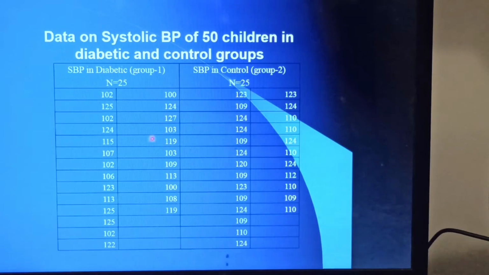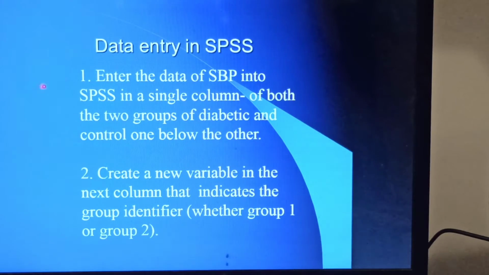We'll be entering this data, group 1 for diabetic and group 2 control. Now data entry in the SPSS matters. So in this I would like to share with you, enter the data of SBP, systolic blood pressure, in a single column. So what we do is we mix up both diabetic and control values of SBP and write in a single column.